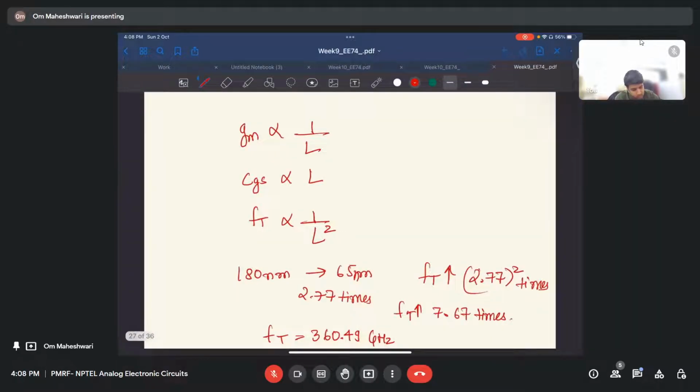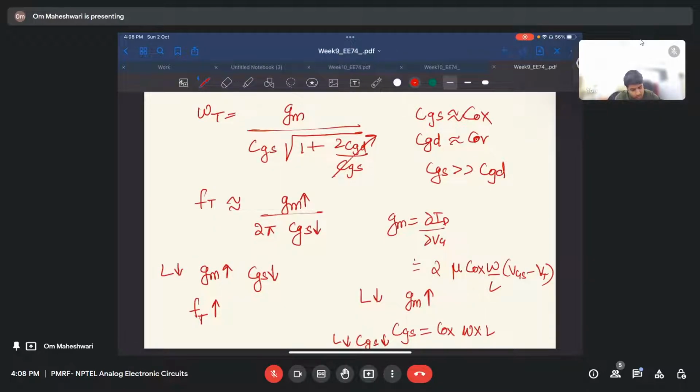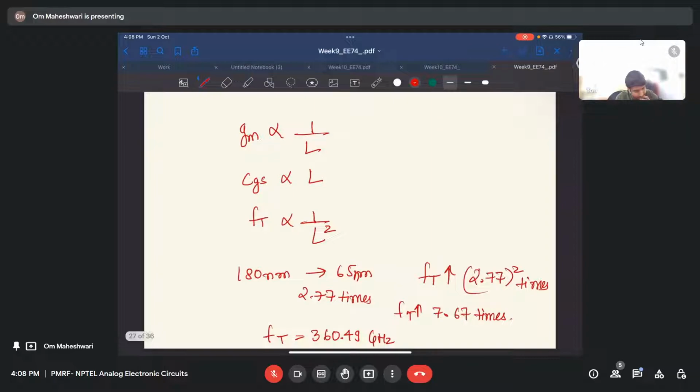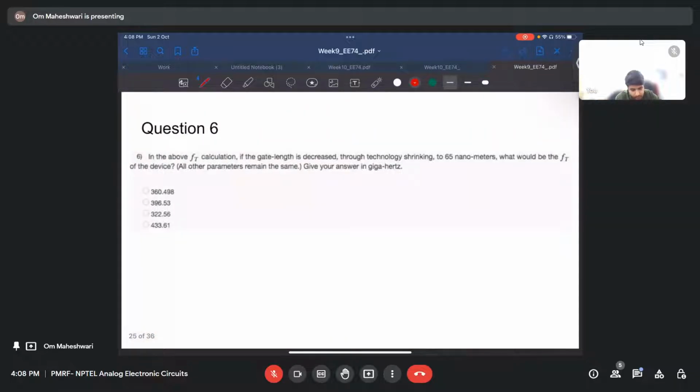Yes, sir. 2.77 whole square into whatever we got as FT in question number 5. That is the answer. Even when we followed the same, 2.77 whole square into the answer from the earlier one, 42.468, the answer we got, 325 point something, is very near to 332, but they have given the answer as 307.45, sir.